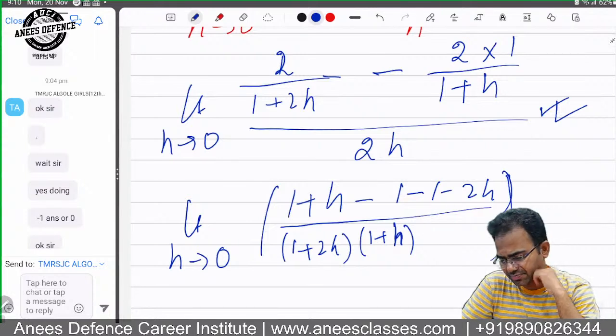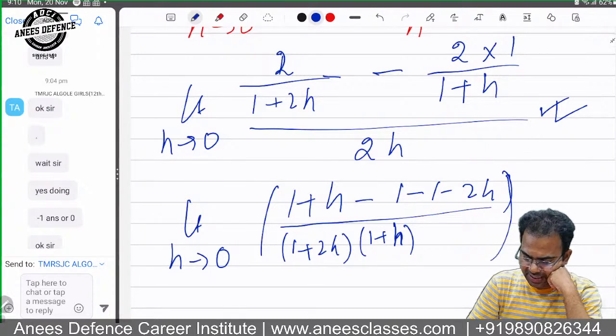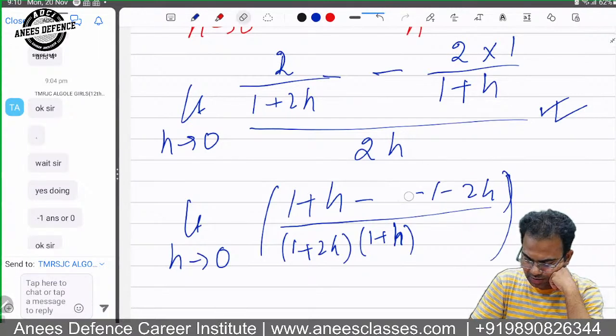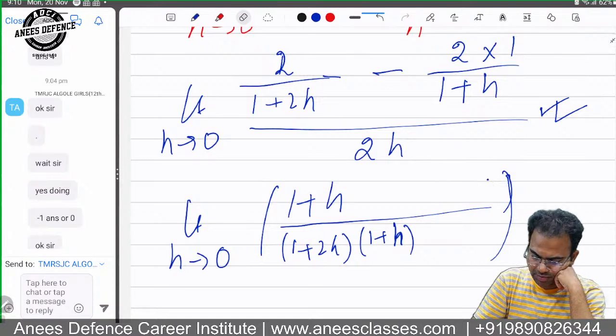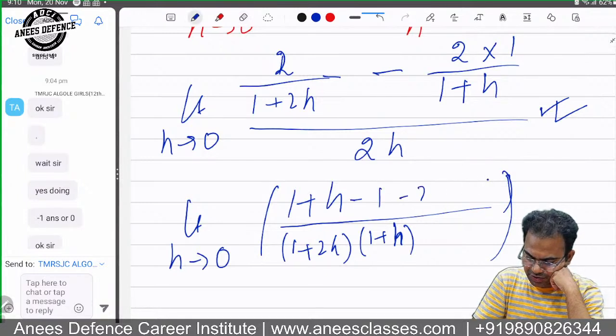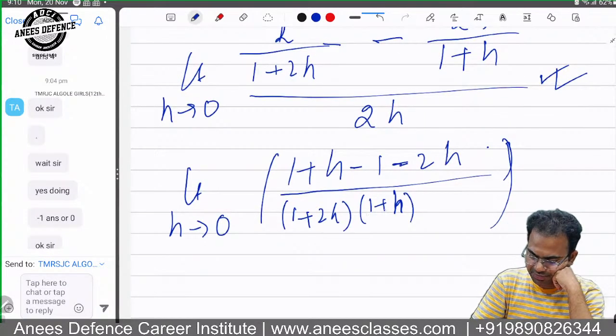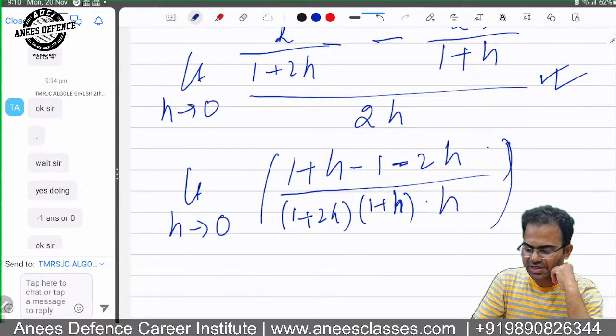So you will get 1 plus 2h minus 1 plus h in the numerator, and in the denominator 1 plus 2h into 1 plus h into h.